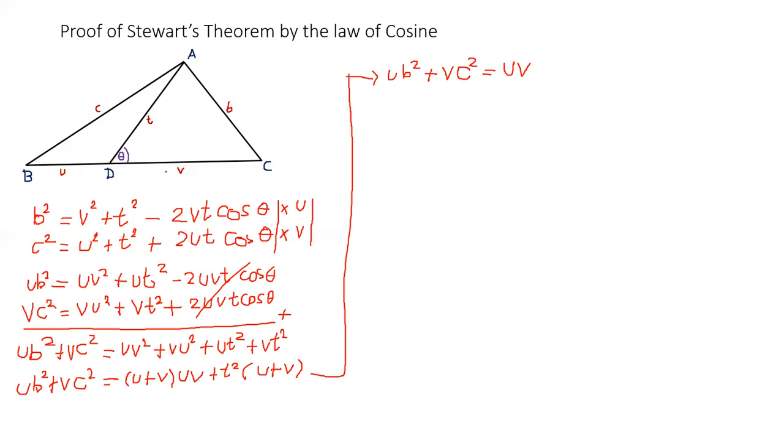Okay, U plus phi equals BC, and then plus T squared times BC.